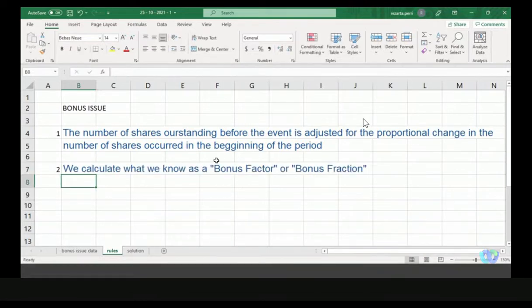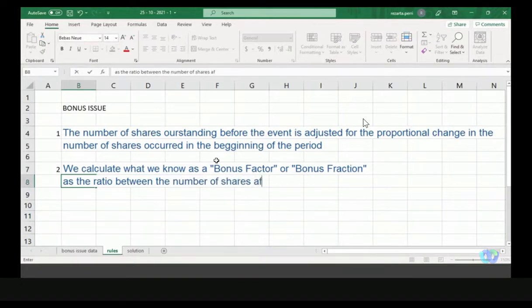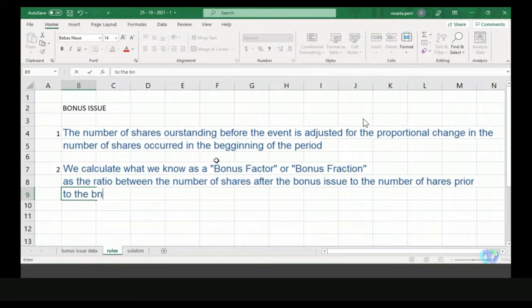So what is the bonus factor or the bonus fraction? Actually, this is the ratio between the number of shares after the bonus issue to the number of shares prior or before to the bonus issue.